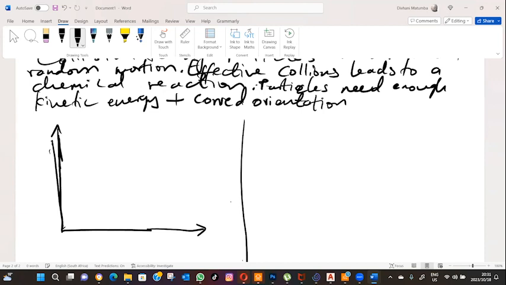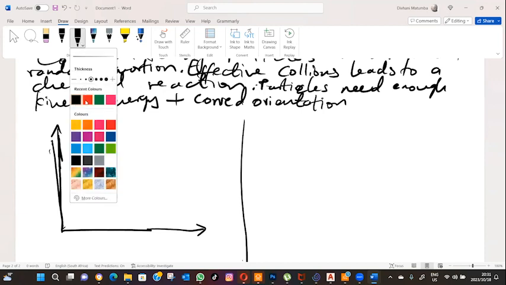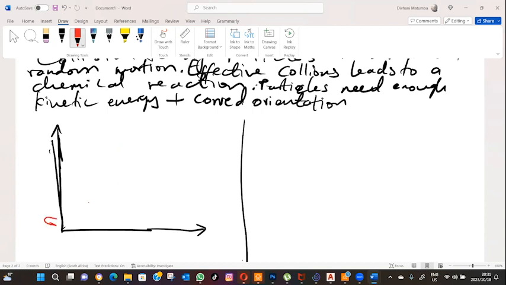If this is the number of particles, let's say this is kinetic energy.